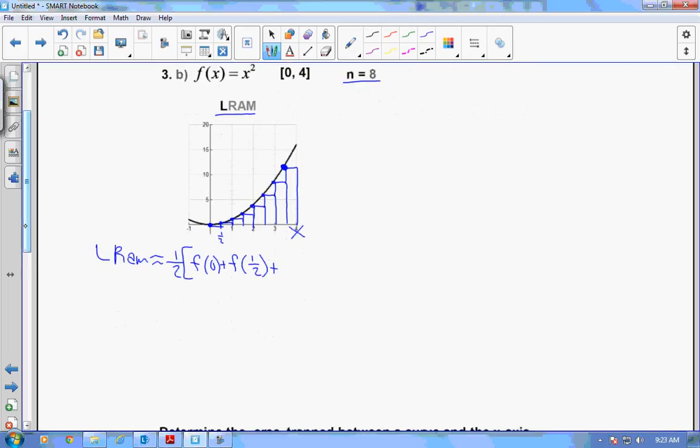Okay, will you go through and find the left approximation? You said we're not using 4? Yep, because we're using only left endpoints. So that's starting at 0. And the last left endpoint is 3.5.